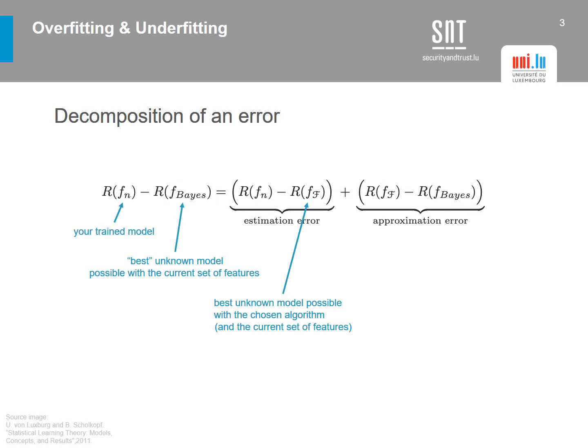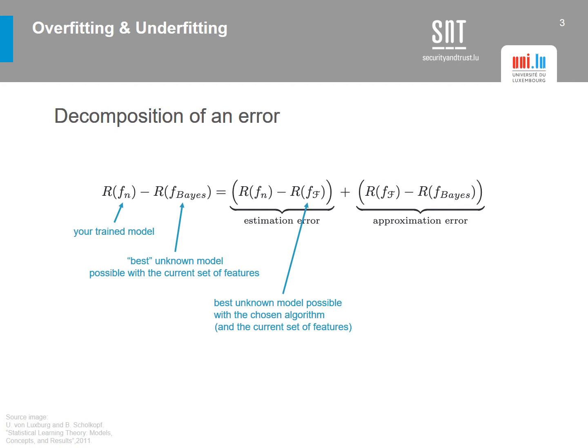The approximation error is theoretical because we can see that the formula for approximation error is the difference of the risk of the classifier f of f, which is the best possible classifier provided the set of features and the algorithm, and the risk of f base, which is the best possible classifier provided the set of features regardless of the algorithm. Here the idea of approximation error is the characterization of the algorithm that we chose.